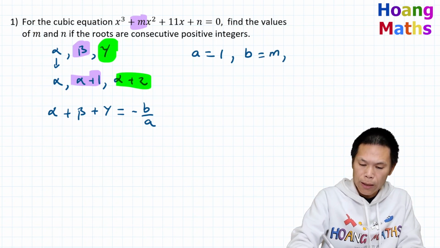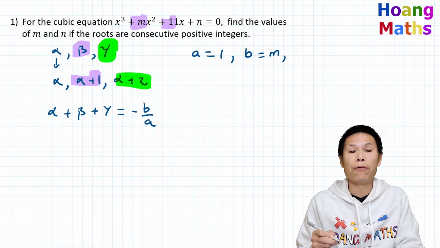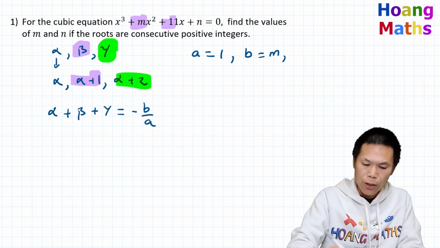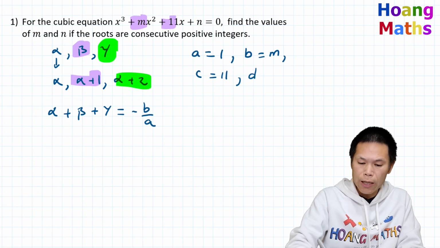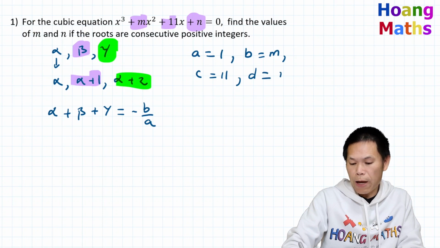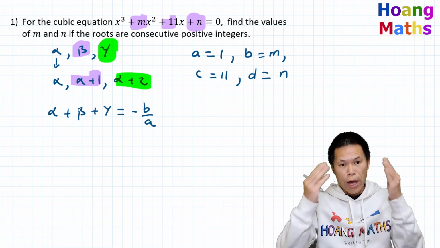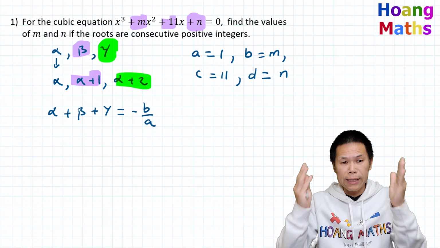And c, the coefficient of x, is 11. And d, the last term, is n. So let me just write this down.